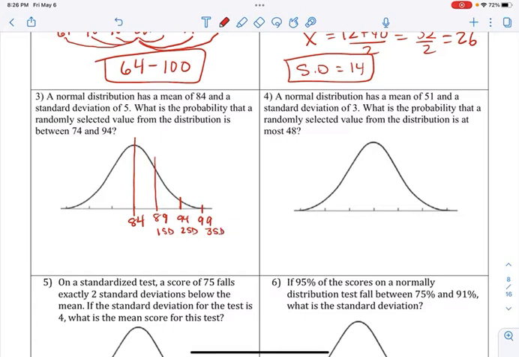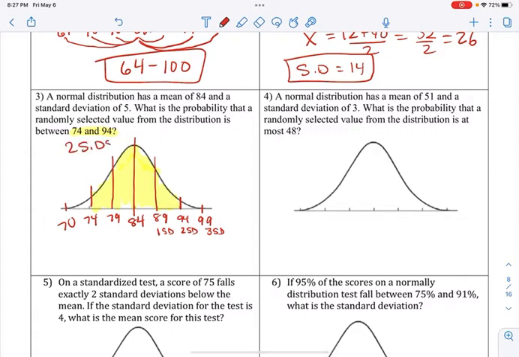And I'll do the same thing going the other way. I subtract 5, and I'll subtract 5, and I'll subtract 5. How many scores are between 74 and 94? So 74 and 94, right there, okay? That's 2 standard deviations.